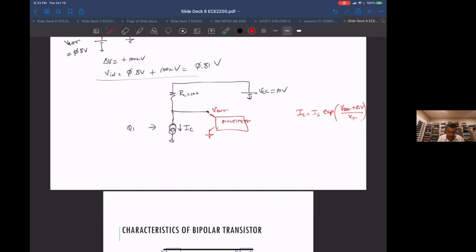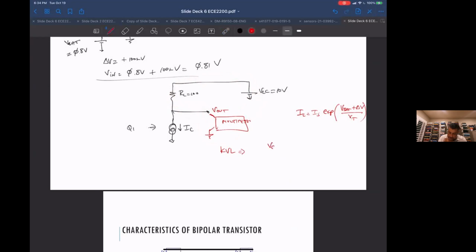Okay, so if you look at KVL, your loop goes from ground to VCC, across the R sub L, and then to V out, back to ground. And remember that all the grounds are connected. So this is a KVL loop here, and that has to equal 0. So KVL would say, let me start with the actual VCC.